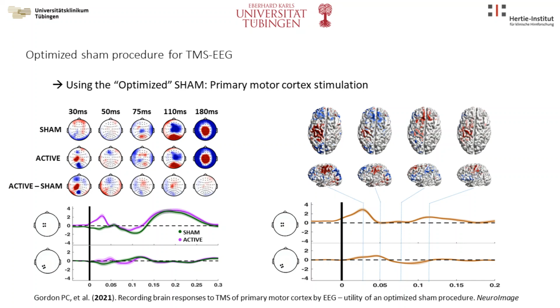If we use this method to target the primary motor cortex using subthreshold intensities, we can identify EEG deflections attributed specifically to the direct cortical activation. These responses are centered around the ipsilateral sensory motor regions and observed in latencies even beyond 80 milliseconds, where the peripherally evoked responses should be predominant.